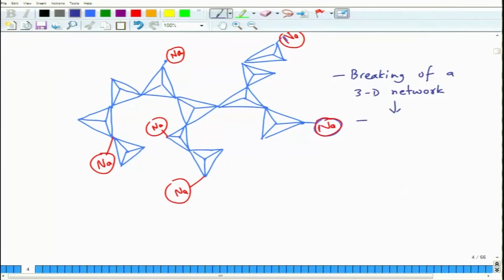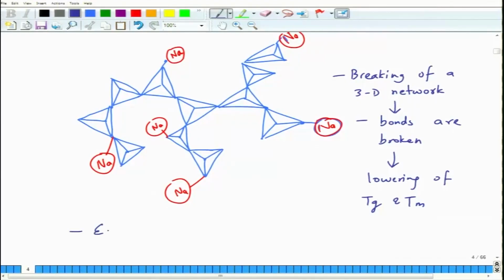So basically, the bonds are broken, and this results in lowering of Tg and Tm. These basically introduce weaker bonds in the network.